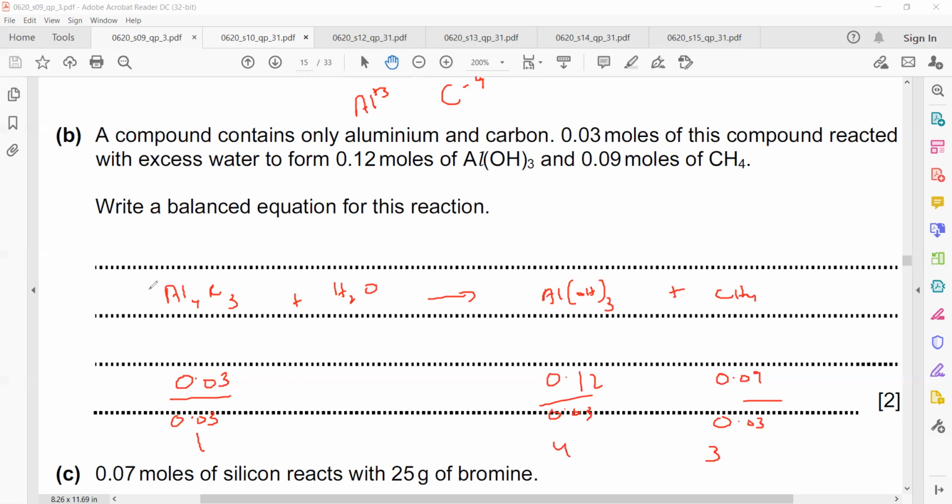So it means here we have 1 molecule, here we have 4 molecules, and here we have 3 molecules of methane. Now the only thing we have to do is balance hydrogen. 4 plus 4 multiplied by 3, 12, and 3 multiplied by 4, 12. So 24 hydrogen. To have 24 hydrogen, we should have 12 water molecules, so that the hydrogen will be balanced.